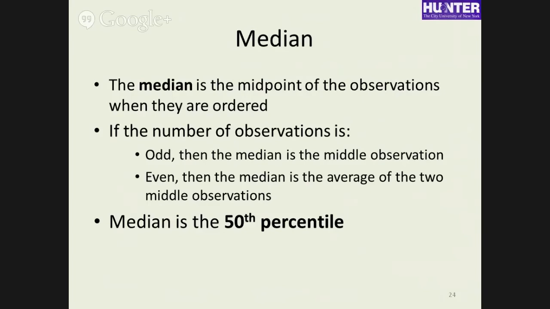Yes. What is the difference in terms of reliability between the median and the mean? When would you use the median and when would you use the mean? Median is a robust statistic, and we'll get into this a little more. If you have outliers or a skewed distribution, median is good.